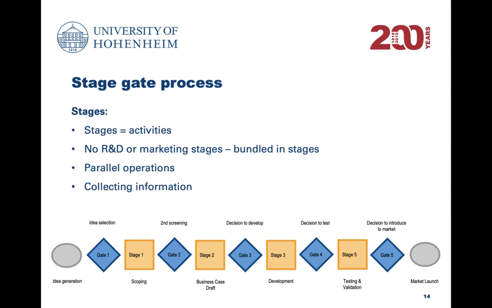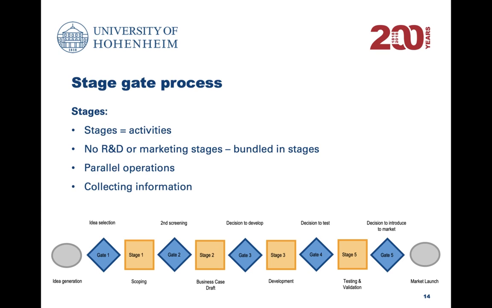Now let's go into the stages. As I said, the stages are basically the activity stages, and they are there to develop the product and the project further. There is no single R&D stage, no single marketing stage. It is basically parallel.